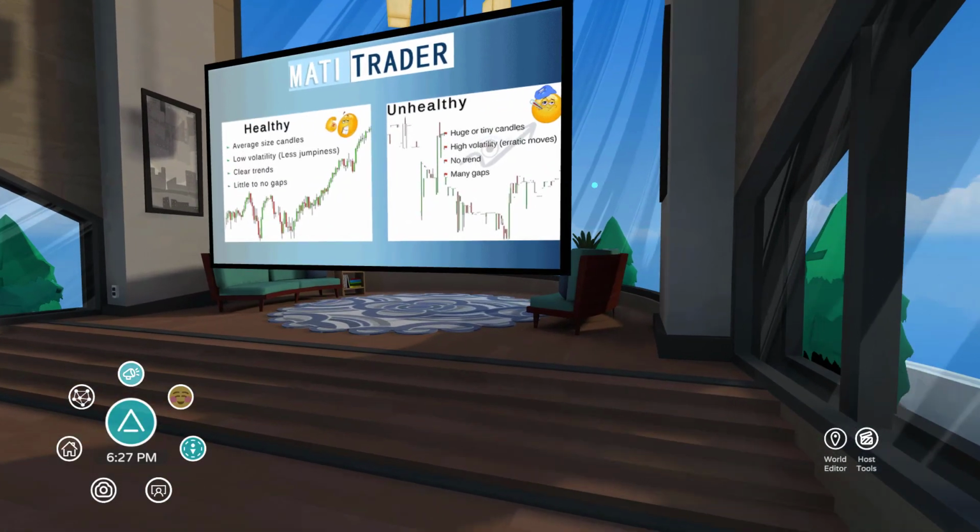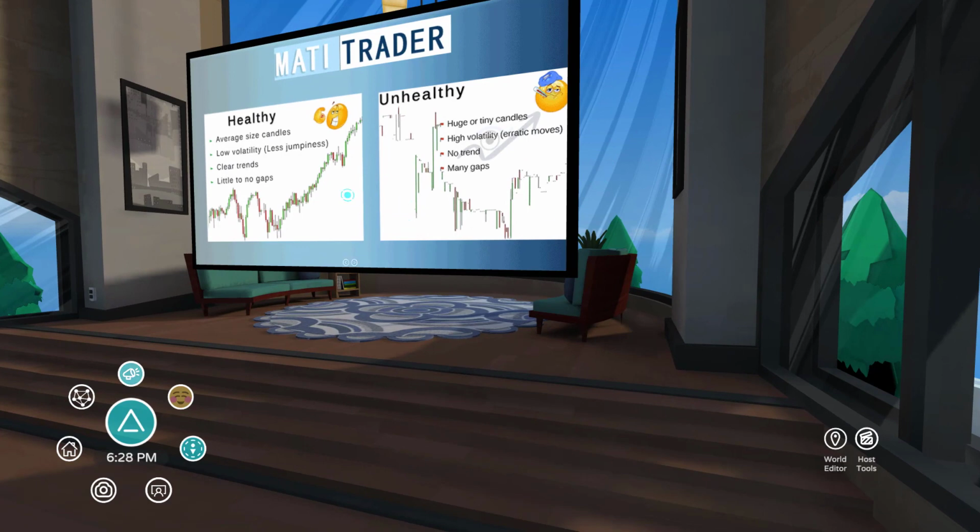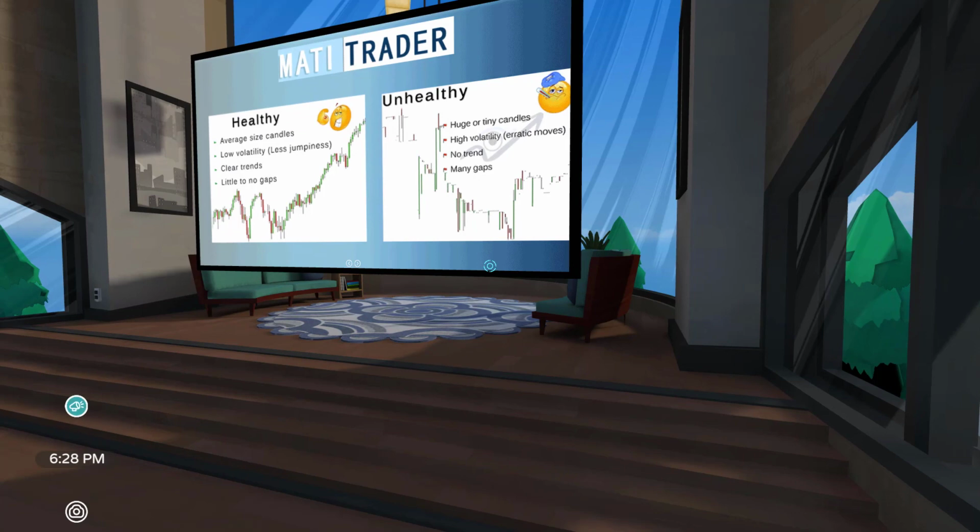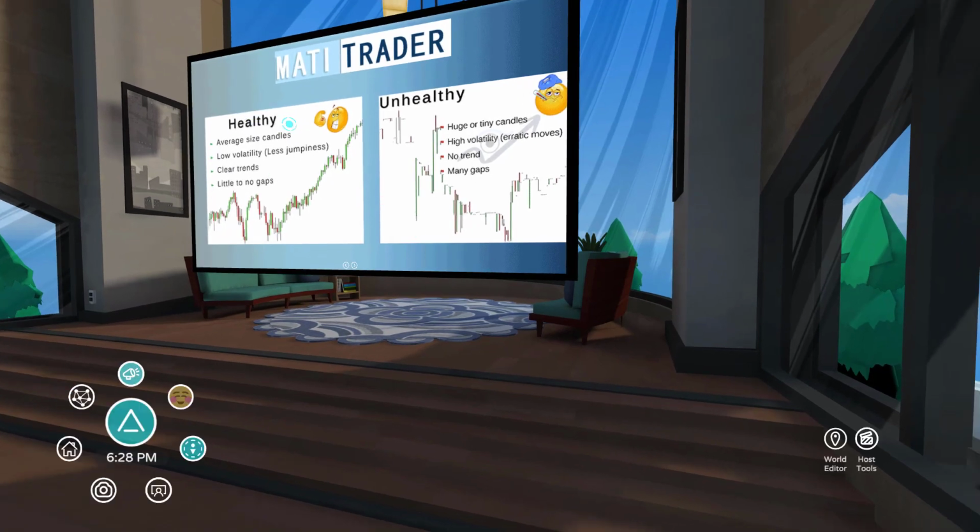All right, so we can see in the charts the difference between a healthy and unhealthy chart. The first important thing is that there are average size candles in a healthy chart. The second thing is that there's low volatility, less jumpiness. The trends are clearly moving up, down, and sideways. Notice that I also look for healthy charts that move sideways.